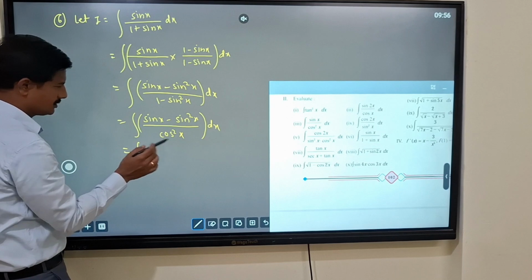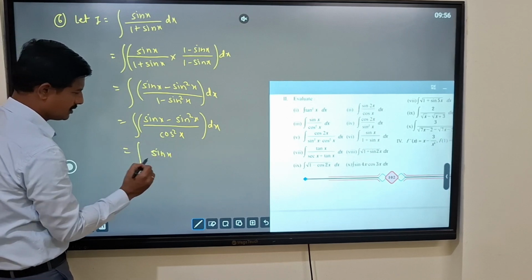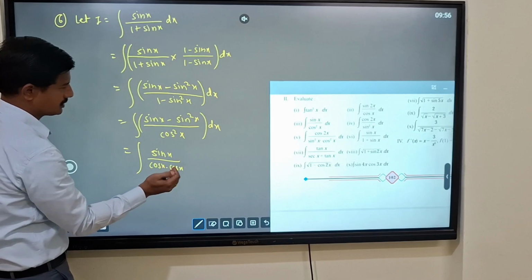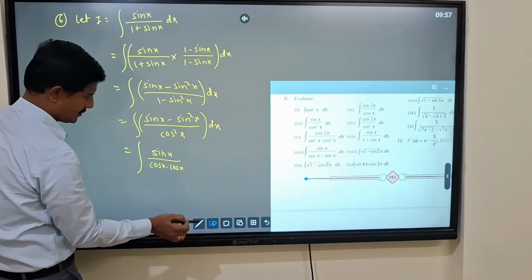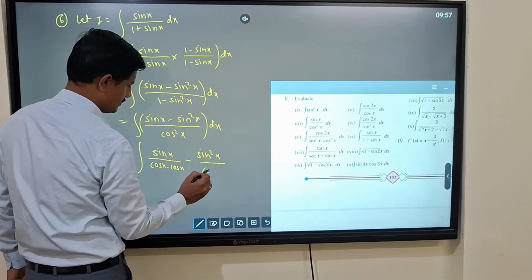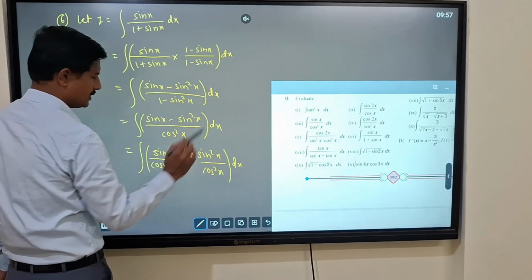So I can write this like this: sin x upon cos square x, I will write as 1 upon cos x into sin x upon cos x, minus sin square x upon cos square x into dx.